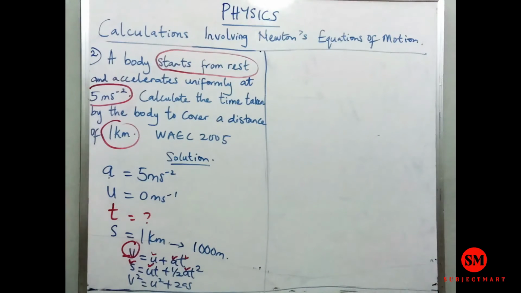We are not asked to find v. So if you ask me, I will prefer to use the second equation because it fits perfectly with the question. Since we are asked to calculate time, that's exactly what we're left with.